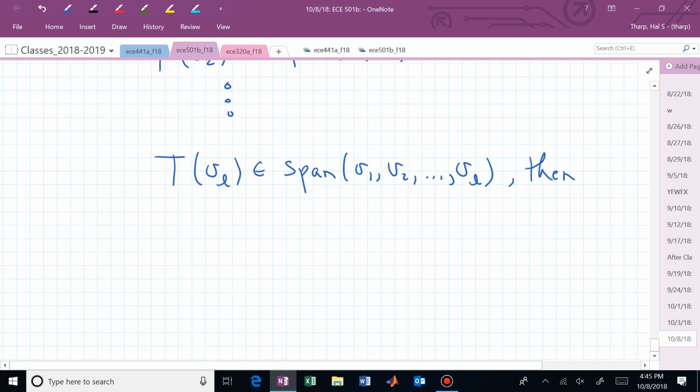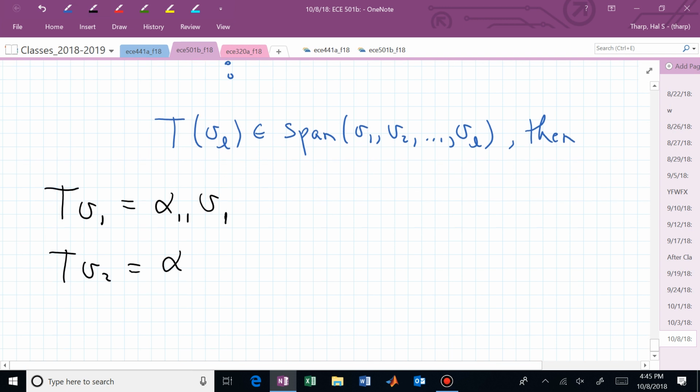Then if we wanted to, we could say that TV1 is some scalar multiple of V1. And TV2 is some linear combination of V1 and V2.